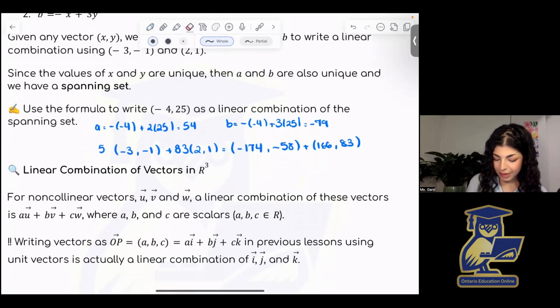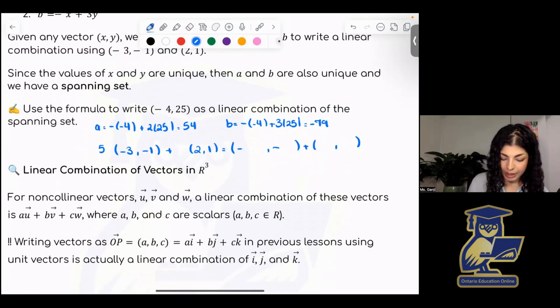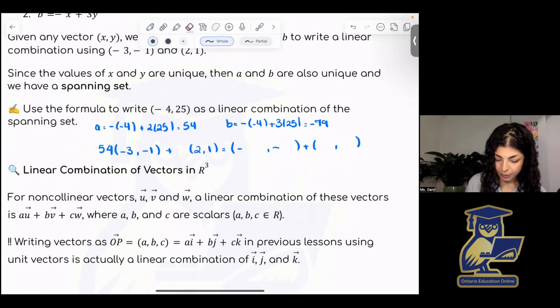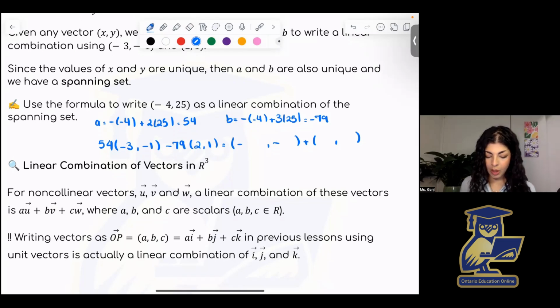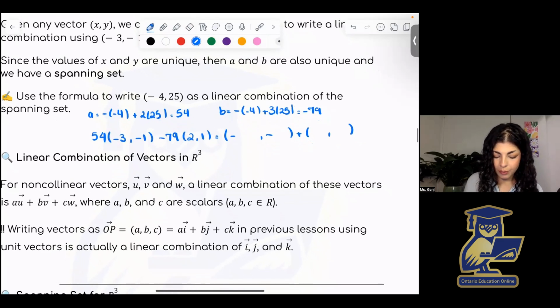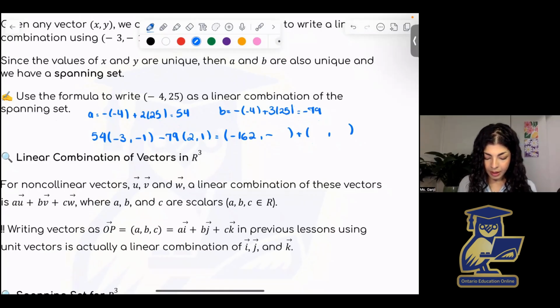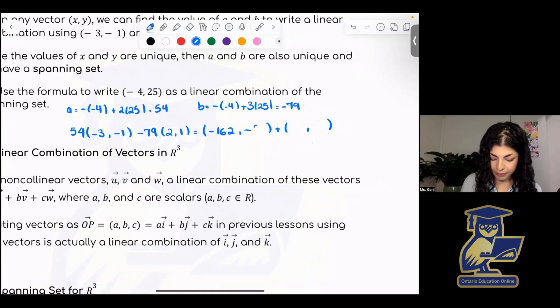So then I have to fix these. That's why I was not adding. The math was not mathing. So here we have 54, and then here we have, well, minus 79. Okay, so now 54 times -3, we have -162, and then just -54 there.